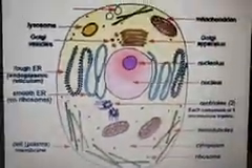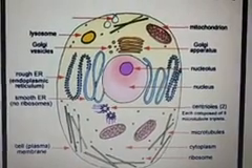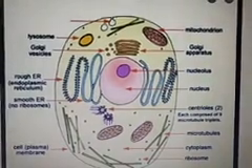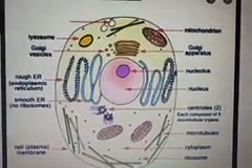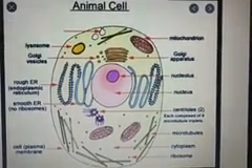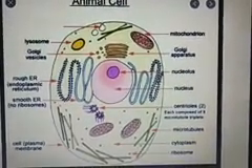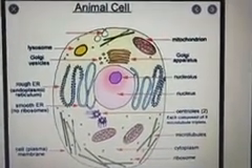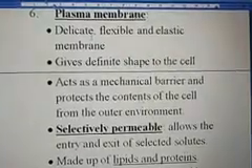Then the fluid part is called cytoplasm, and the center part is the nucleus. So a cell is made up of three main features: cell membrane, cytoplasm and nucleus. First let's understand about the plasma membrane.